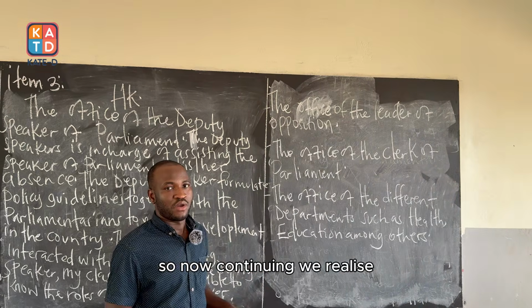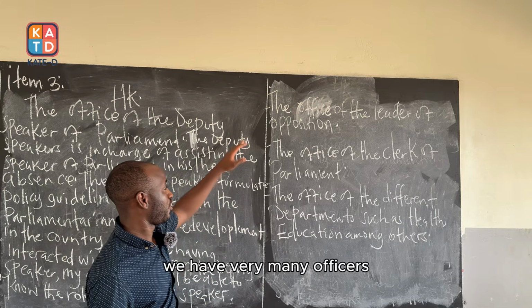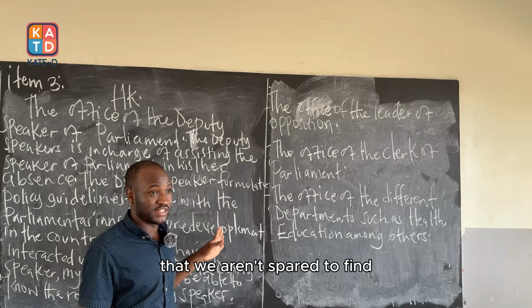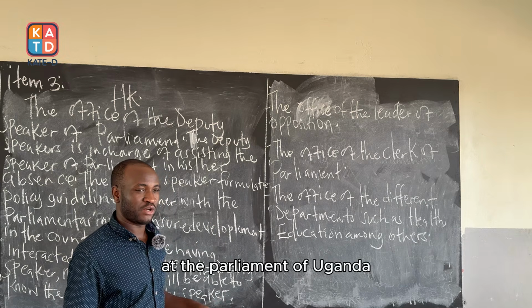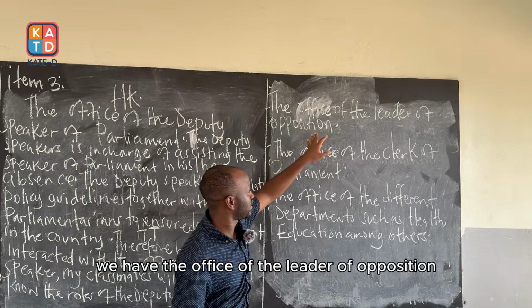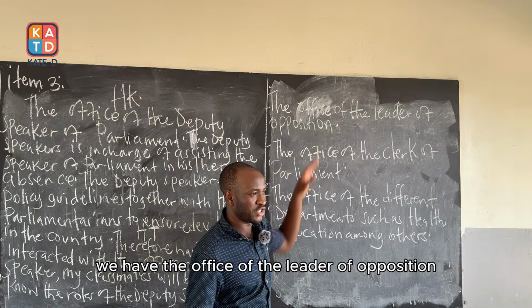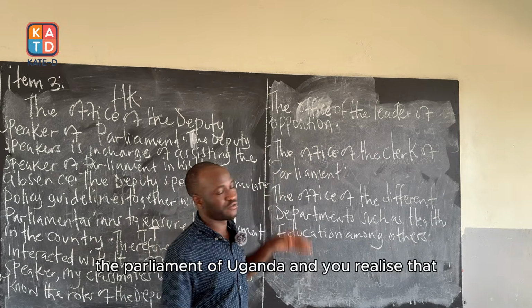So, now continuing, you realize we have very many offices that we anticipate to find at the Parliament of Uganda. And among others, we have the office of the Leader of Opposition. It is a very important office in the Parliament of Uganda.